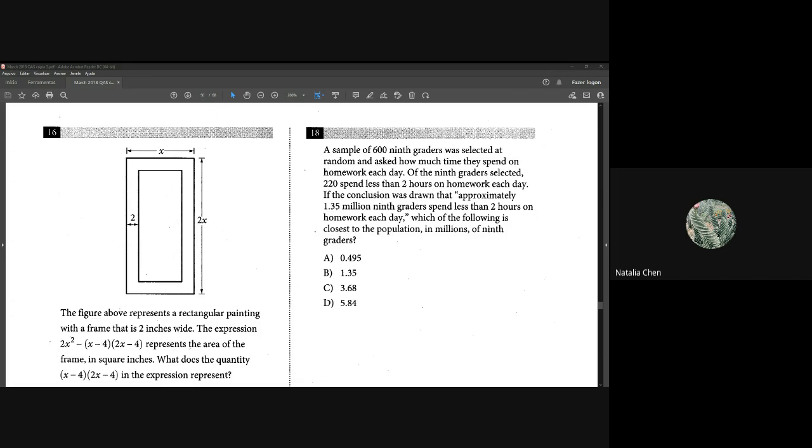Eu fiz primeiro 1,35 dividido por 220 para achar o ratio. Isso. Daí eu tenho que fazer esse ratio vezes 380, né? 380 para dar os 600? Para dar 600. Isso. Daí adicionar os dois, né? É.